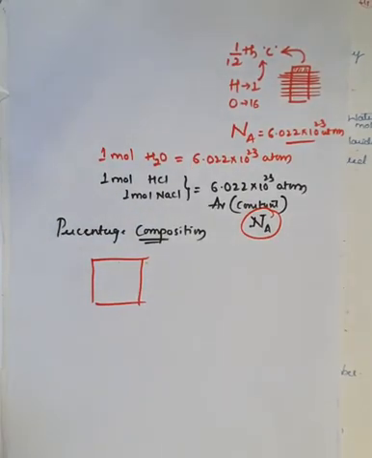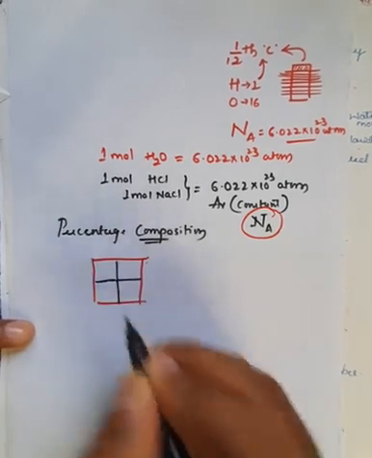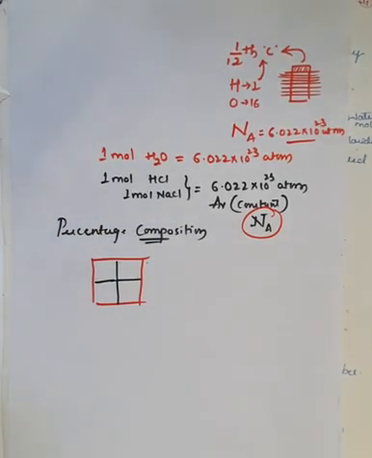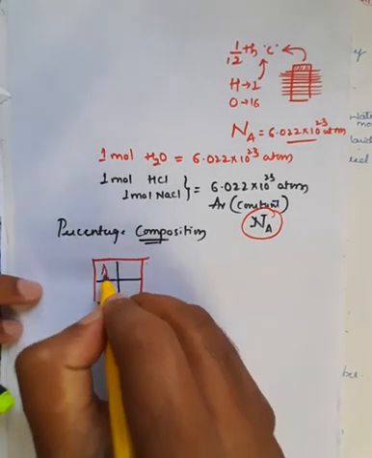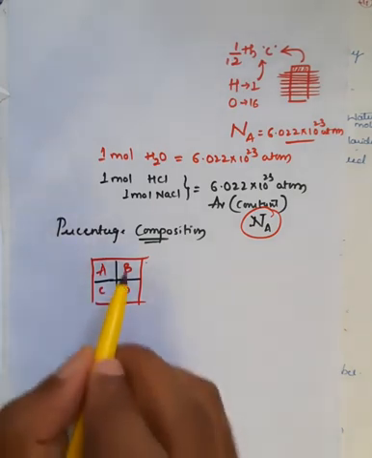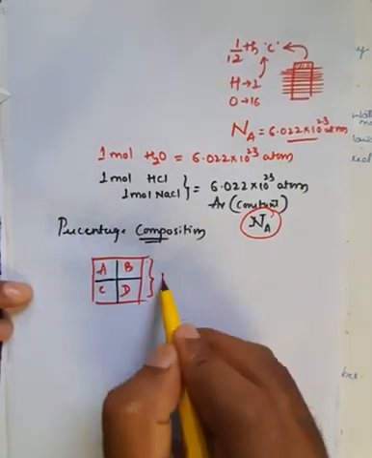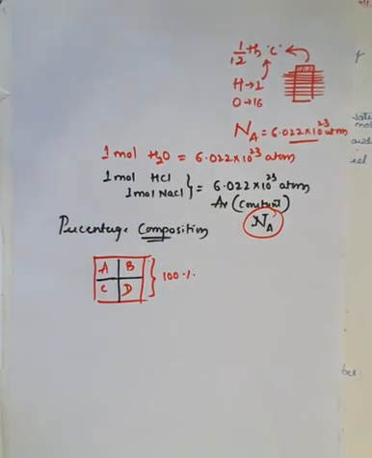It is made up of 4 different types of substances: A, B, C and D. So there are 4 substances in this, and the overall value of this square is 100%.